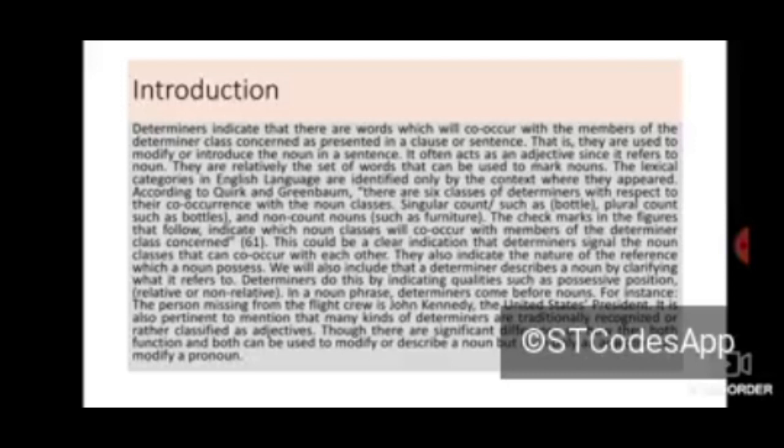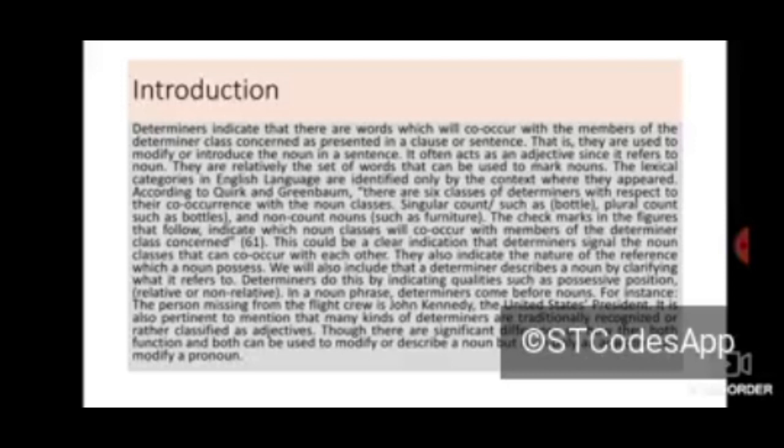The check marks in the figures that follow indicate which noun classes will co-occur with the members of the determiner class concerned. This is seen on page 61 of that book.